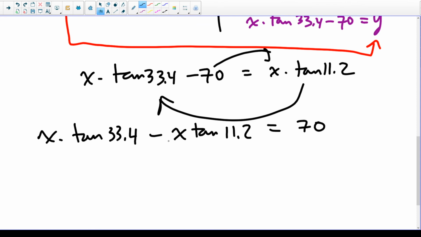Once I've brought my x's, now I want you to think about this. If this was 2x, actually that's not going to work. Never mind. Forget what I was about to say, because it doesn't make any sense in this context. What could we do to get x out of these two terms now?